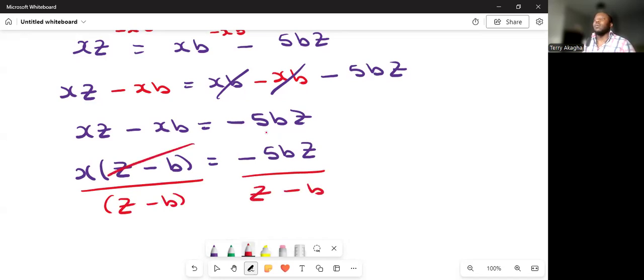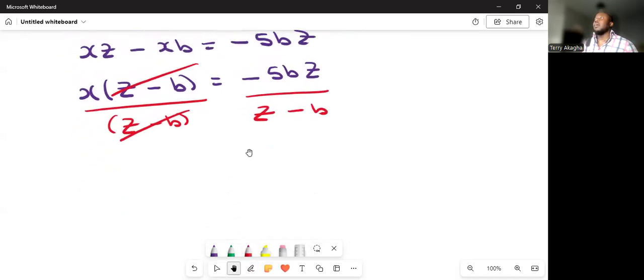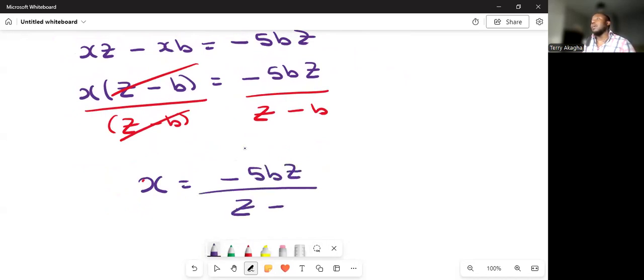So this will cancel out that. Then the final answer we'll now have is x will be equal to minus 5bz divided by (z minus b). And that'll be the answer for that.